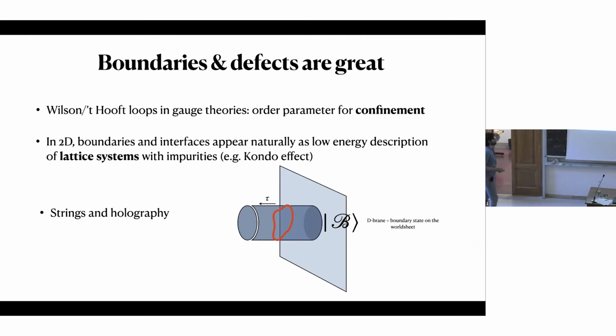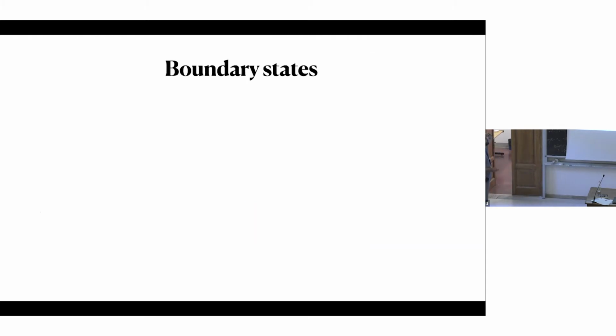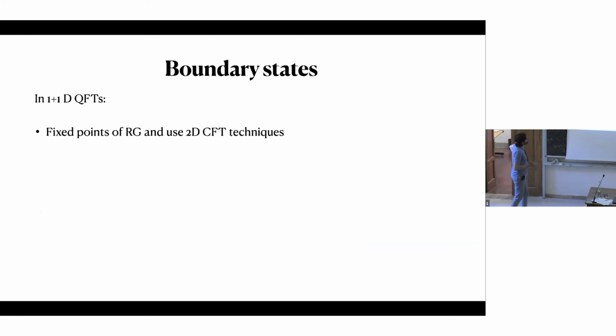So how do we study boundary states in general? There are essentially 2 approaches. One is to look at fixed points of the RG flow, at which you have some conformal field theory, and then you use 2-dimensional CFT techniques to determine these states.